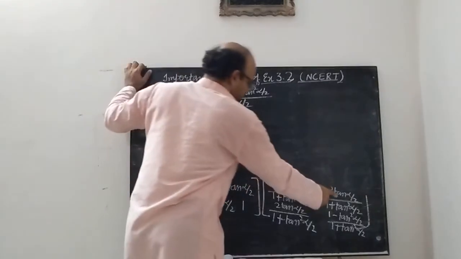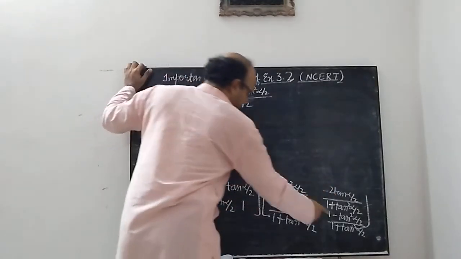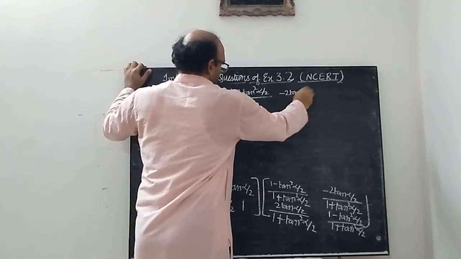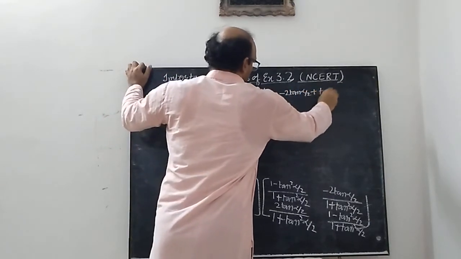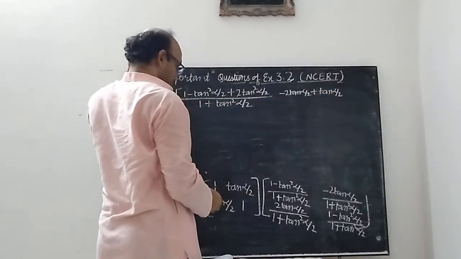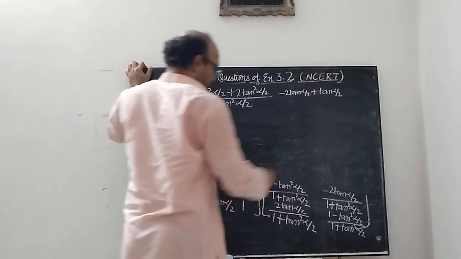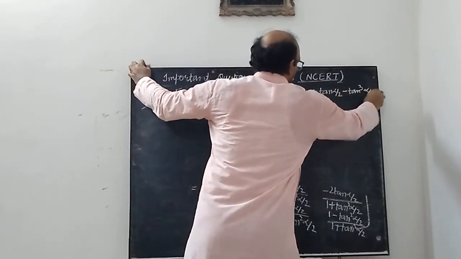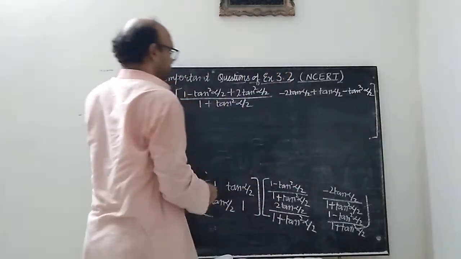This is 1 into this and then this into this. So minus 2 tan alpha by 2 plus tan alpha by 2 minus tan cube alpha by 2.